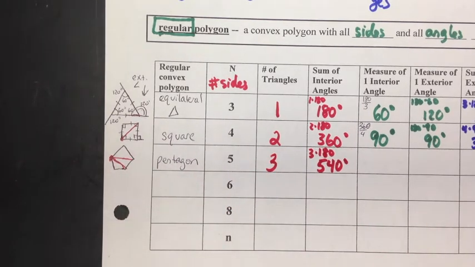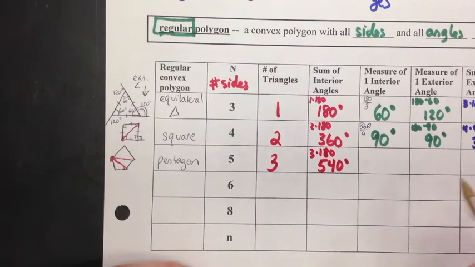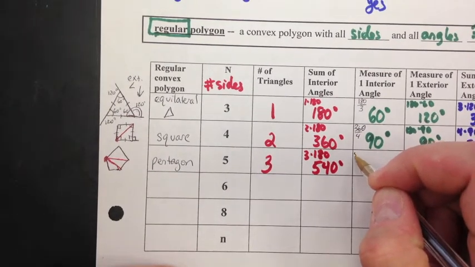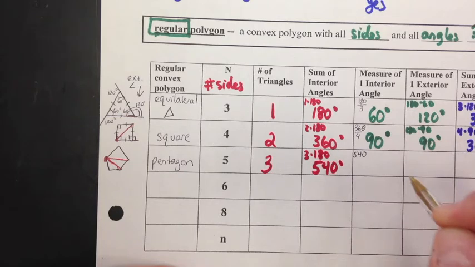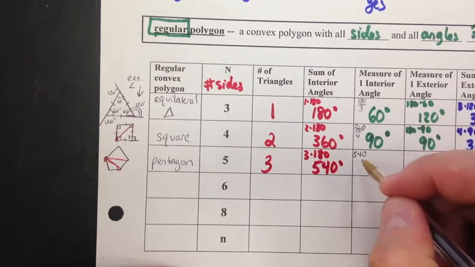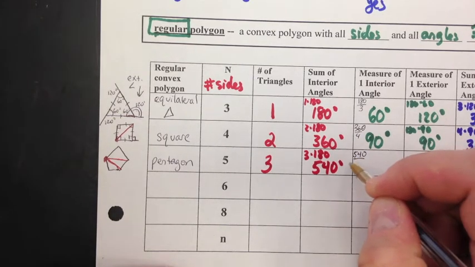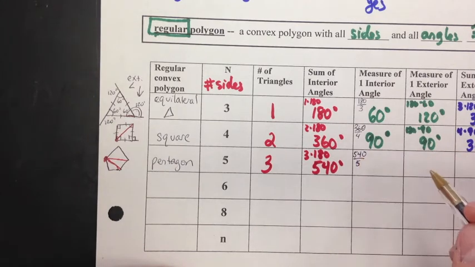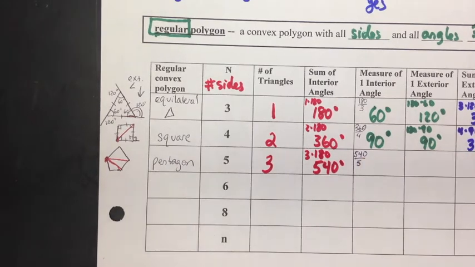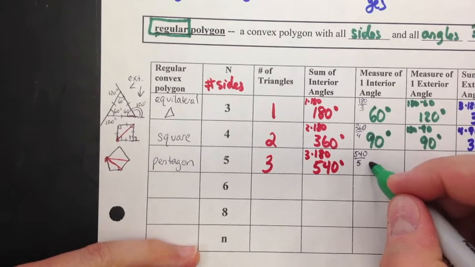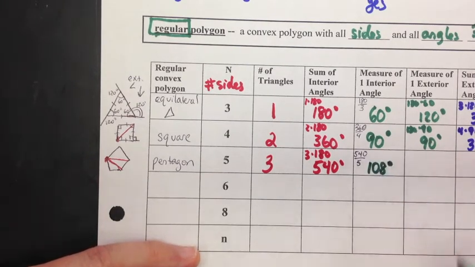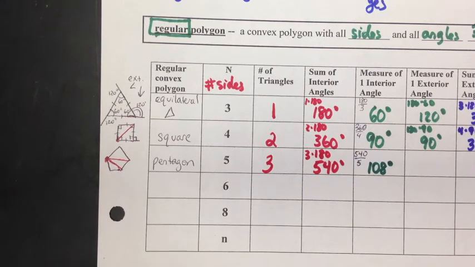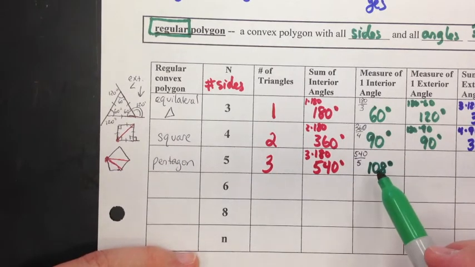Okay? So how do I find one of those? Well, I take the total sum of the interior angles, 540, and I divide by how many angles in a pentagon? 5. So 540 divided by 5 equals 108 degrees. Now that is an interior angle.